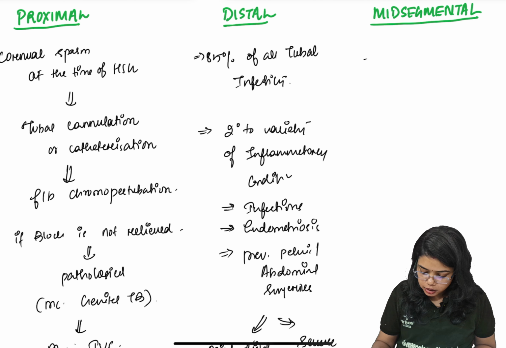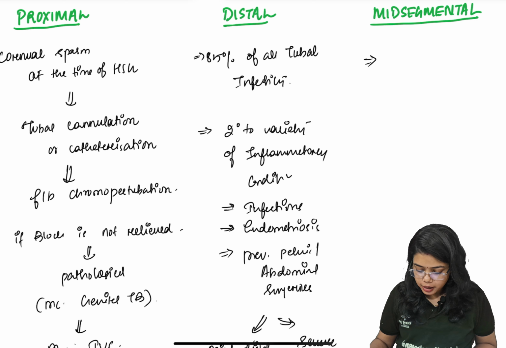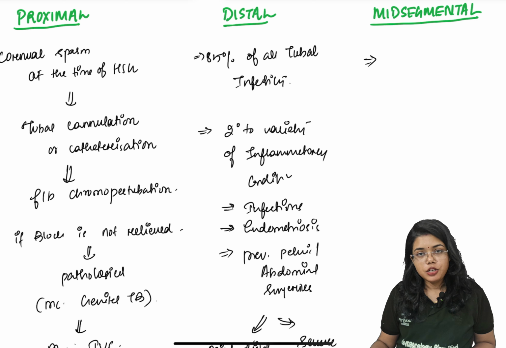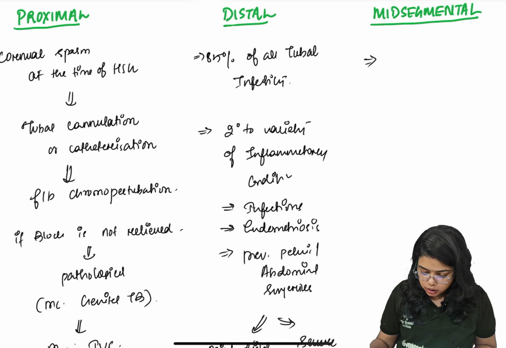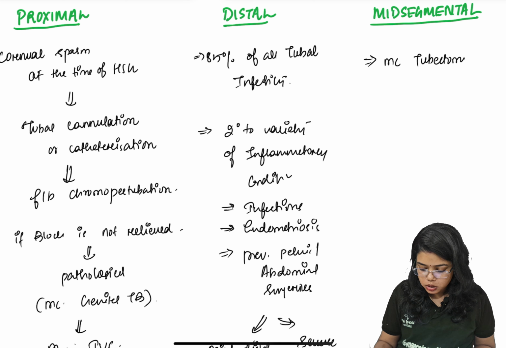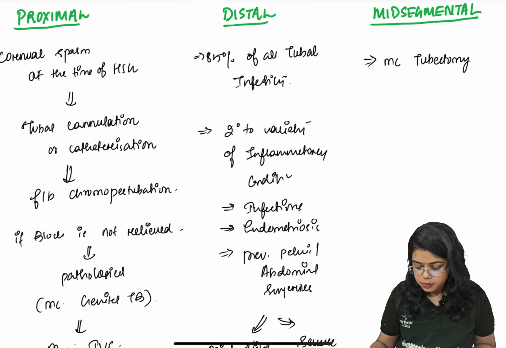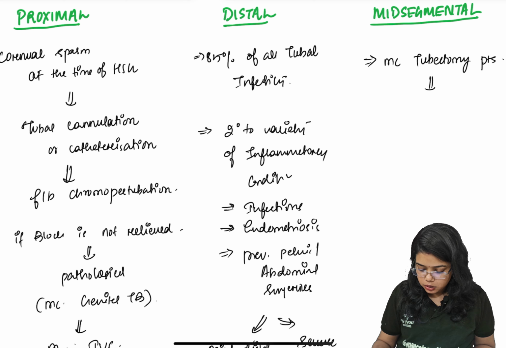They regret it later, they want more children, and then they try to reverse the tubectomy procedure. So we can do tubal recanalization.